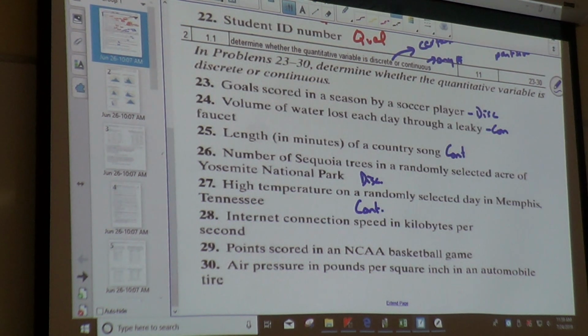Internet connection speed, they said continuous. Points scored in an NCAA basketball game, discrete. You can score 1 point or 2 points, not 1.5 points. Air pressure in pounds per square inch in a tire, continuous. And like I said, you're only gonna have one of those. You're not gonna have 5 of them or 6 of them.